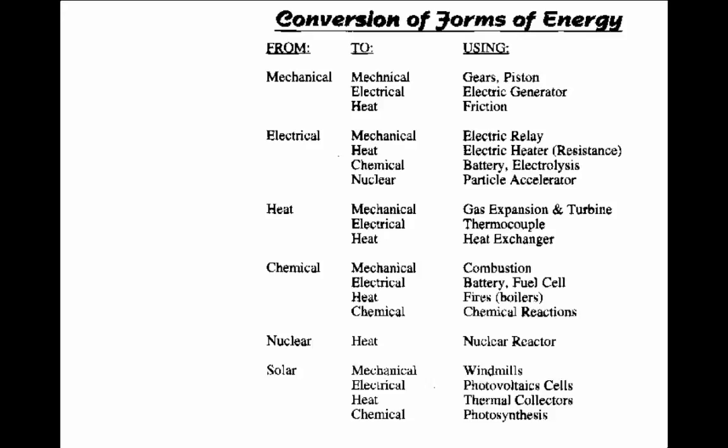And again, we could go down and look at all these various ways in which energy is converted from one form to another, and this is really what we need to do in terms of using renewable energy. We've got to think of all the ways in which we want to get services from energy, and how we can take the basic forms of renewable energy: solar energy, wind energy, the energy in moving air, water energy, the energy in flowing water.